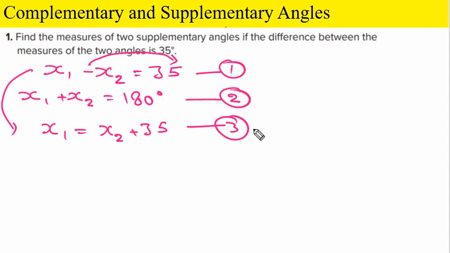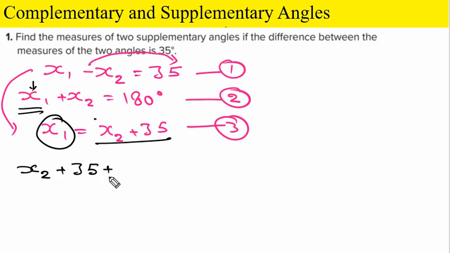Now substitute the value from equation 3 into equation 1. So what is the value here? This is x2 plus 35, so I'm putting here x2 plus 35. Now let's just solve this.